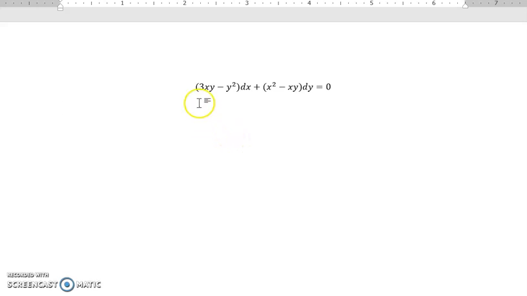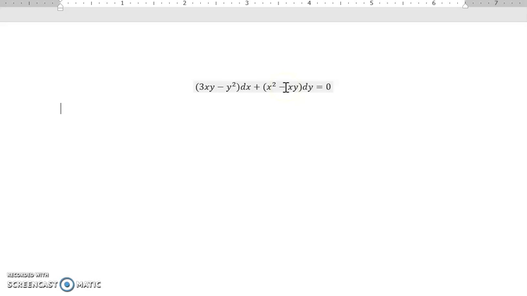Now, if we inspect this very carefully, we could actually see that in this particular instance, it may also be possible to solve this as a homogeneous equation. My polynomial here is a second degree polynomial in two variables, as is this one.